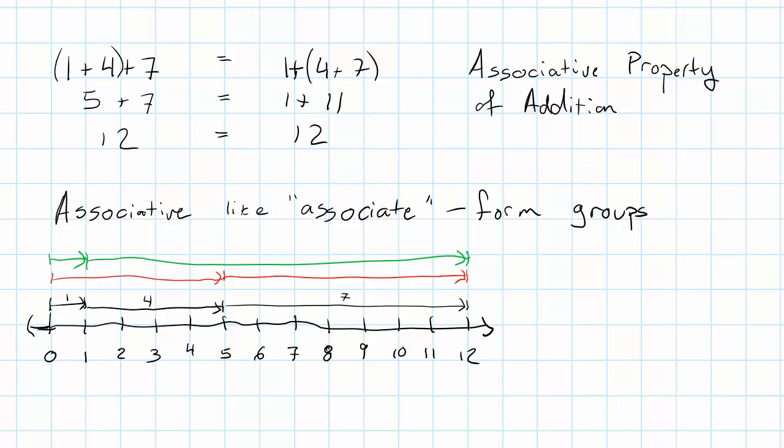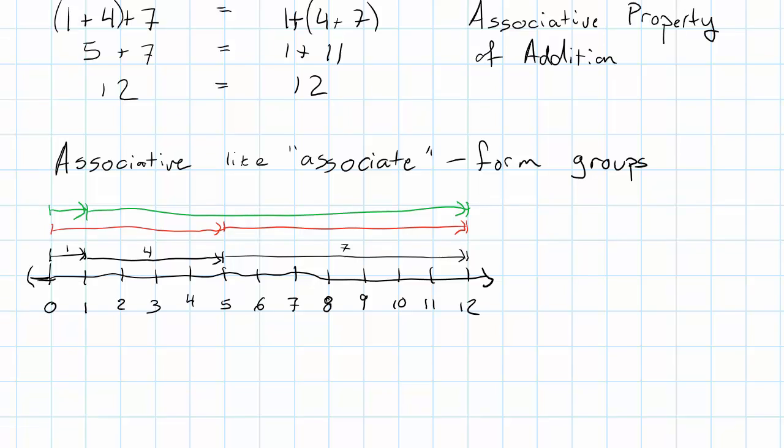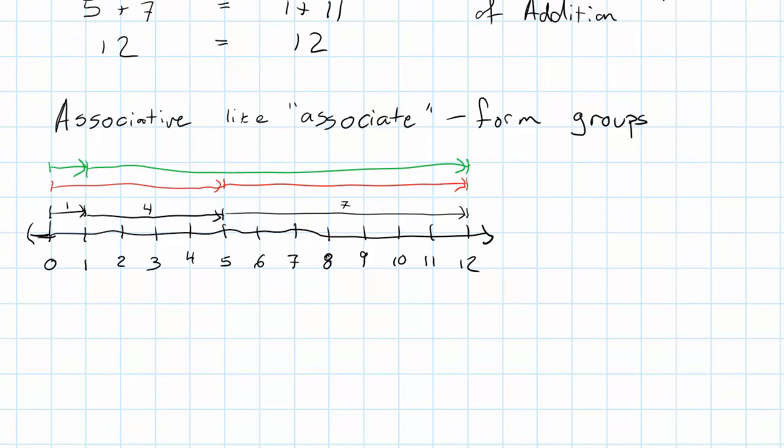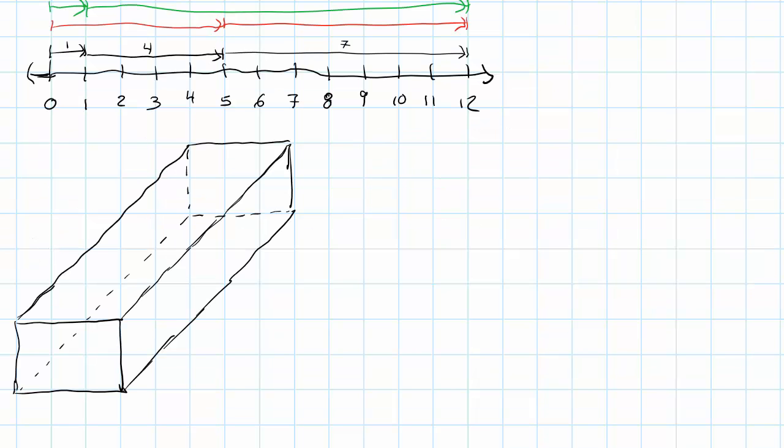For multiplication, it's a little harder to see because it's a little bit harder to envision what happens when we're multiplying three numbers together. But we can imagine 2 times 3 times 5 as describing the volume of this box.